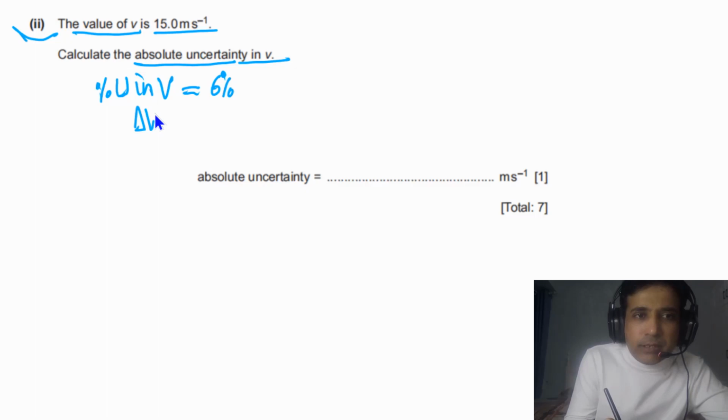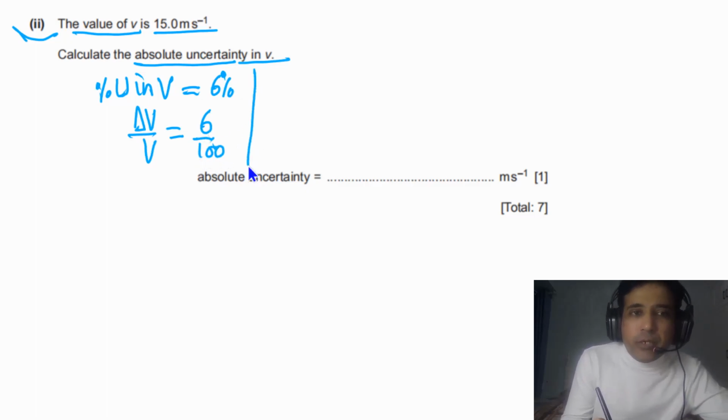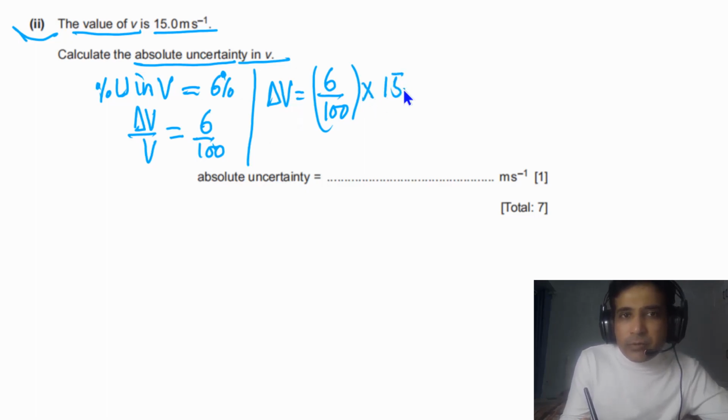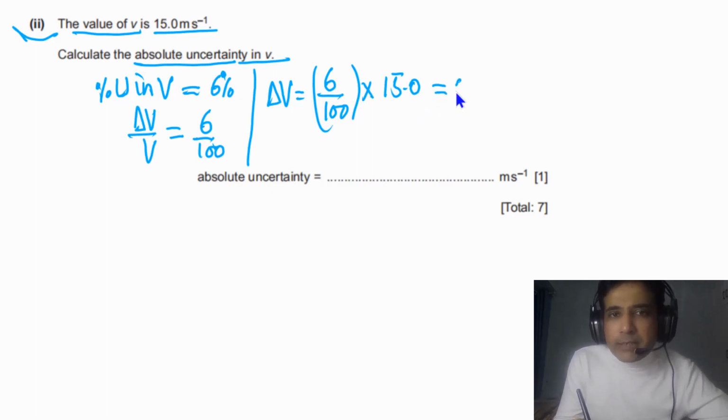So we can say delta V by V will be equal to 6 divided by 100, because this is 6%. Now question is asking us to calculate delta V. So delta V simply will be equal to 6 divided by 100 multiplied by V, and V in this case is equal to 15.0.